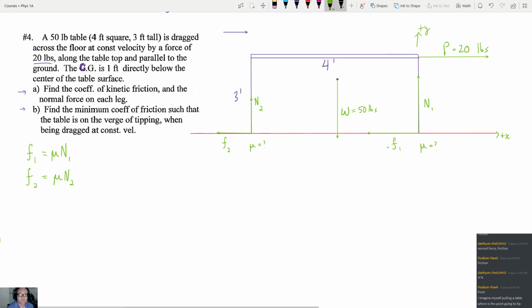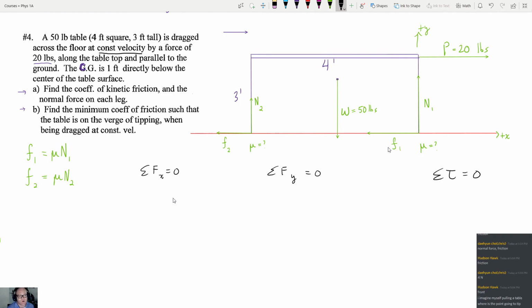And then we use our equations, right? Net Fx is equal to 0, net Fy is equal to 0, and then net torque is equal to 0. Even though it's moving, these should all still be true because it's being dragged at a constant velocity. Constant velocity means that net force is equal to 0.